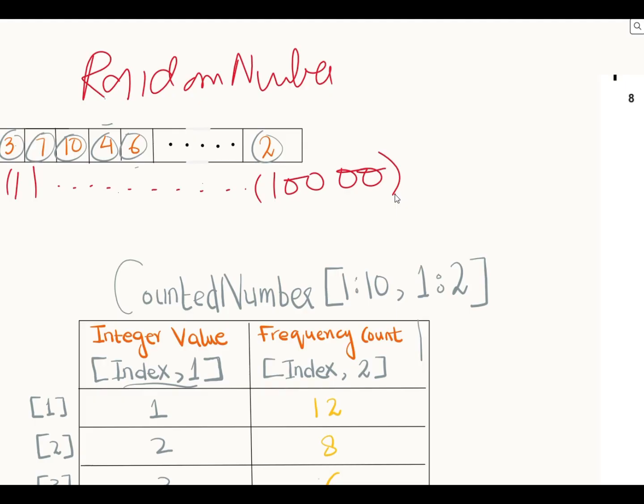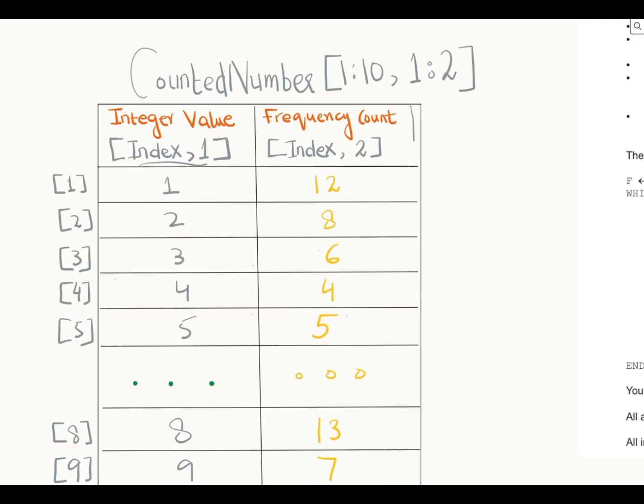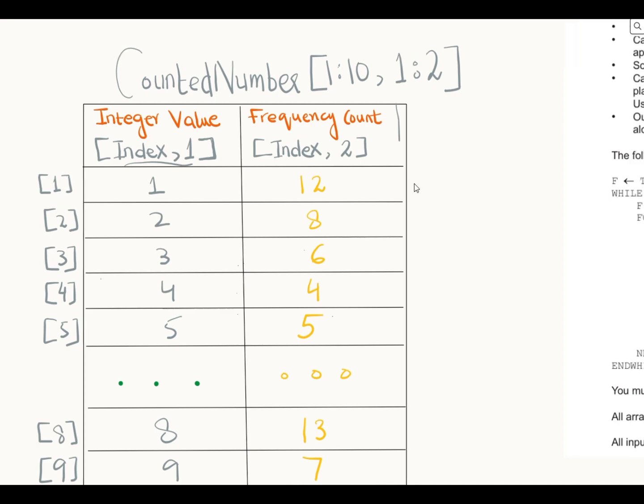In this, random numbers are stored: 3, 7, 10, 4, 6, and so on. The column stores the random numbers generated like 1, 2, 3, 4 up till 10. And this is the frequency, how many times the random number was generated. 1, like 12 times, 8 times, 6 times. It's just an example.